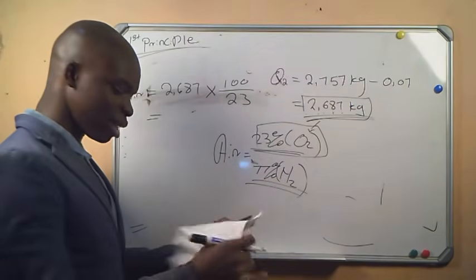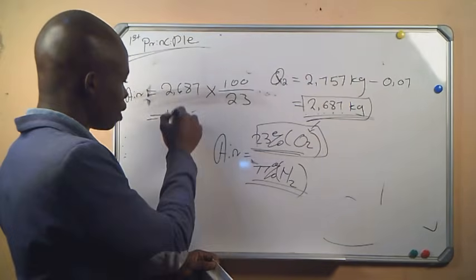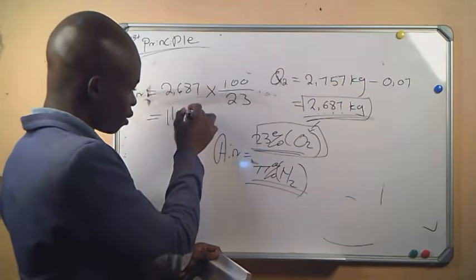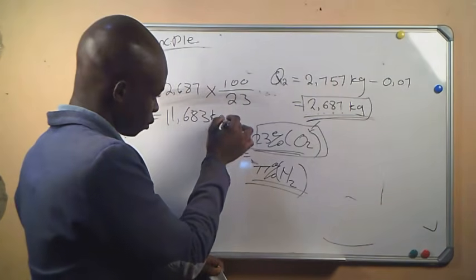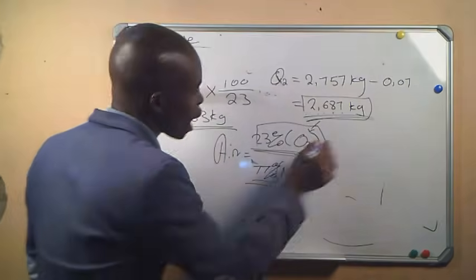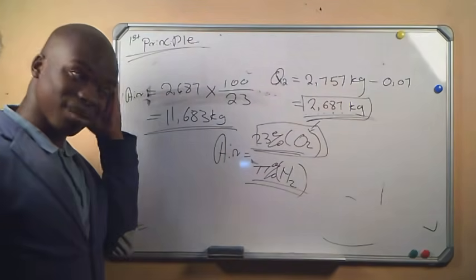And then now we get the total amount of air. The total amount of air is going to be 11.683 kg.